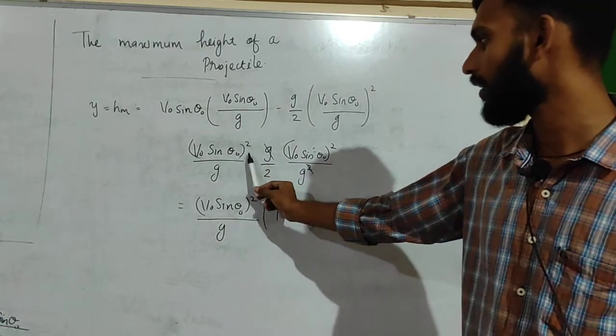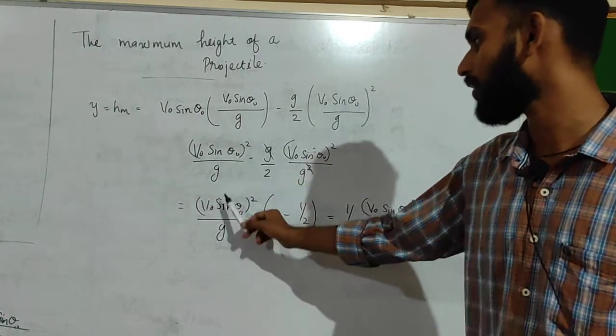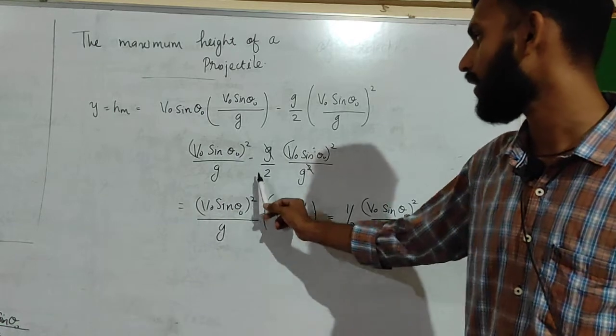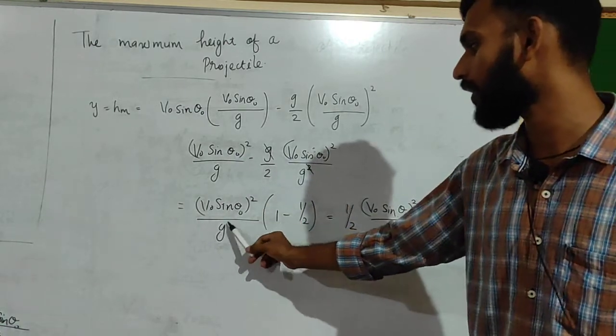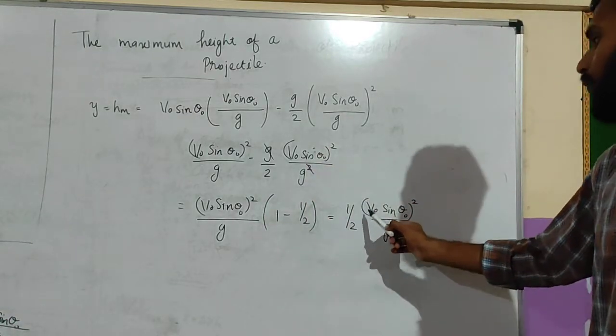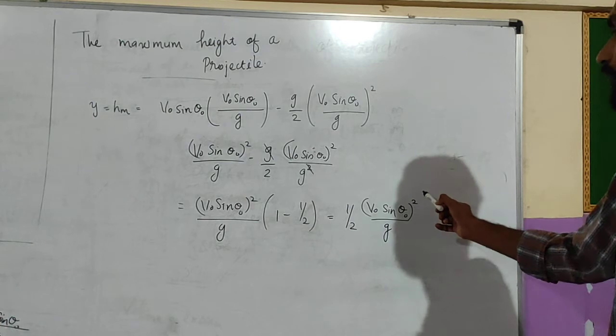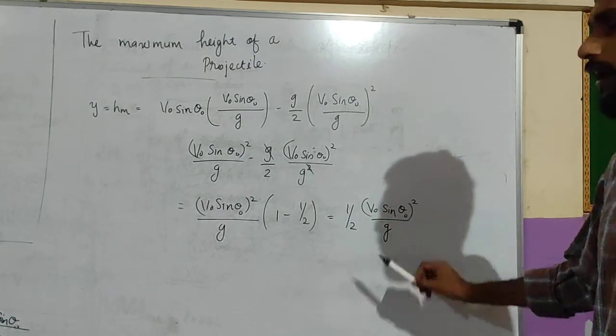We take V0 sin theta square divided by G outside, so here 1 will be there and here half will be there. So V0 sin theta 0 all square divided by G into 1 minus 1 by 2, that is 1 by 2 V0 sin theta 0 the whole square divided by G.